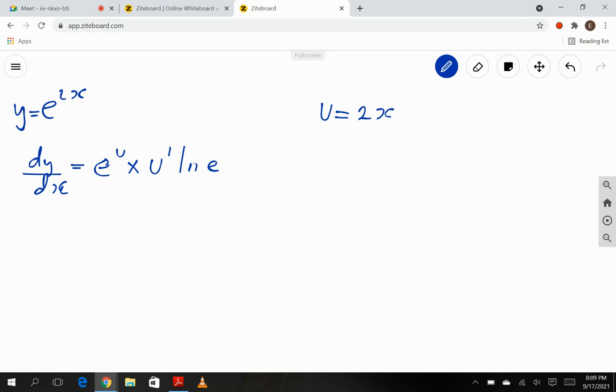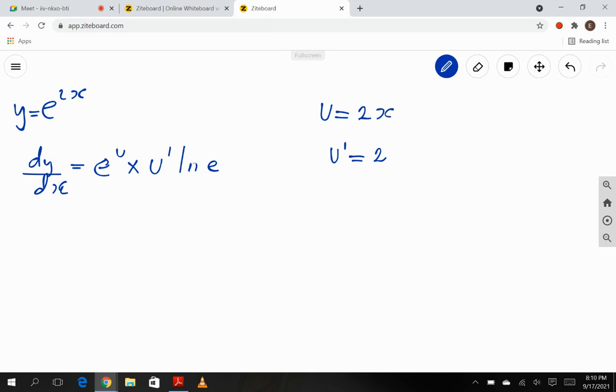Now for this question, I want to find the derivative of u. From what we've been discussing in the past subtopics, it's going to be simply 2.